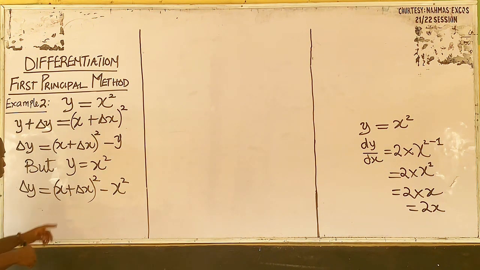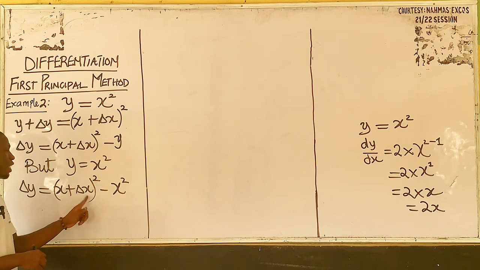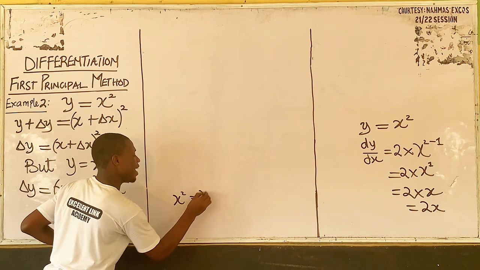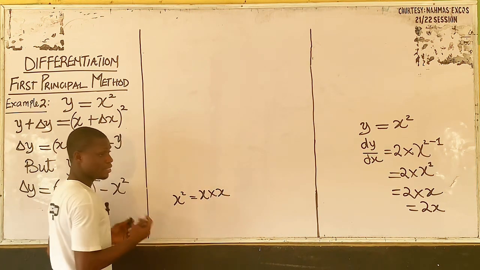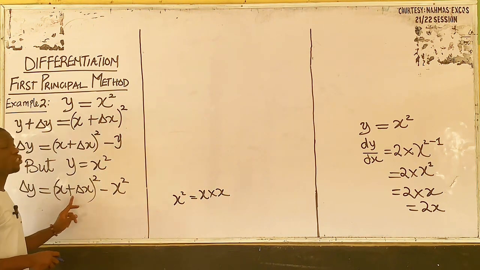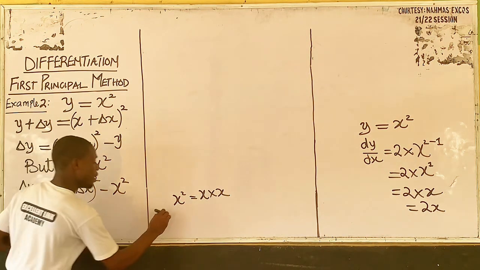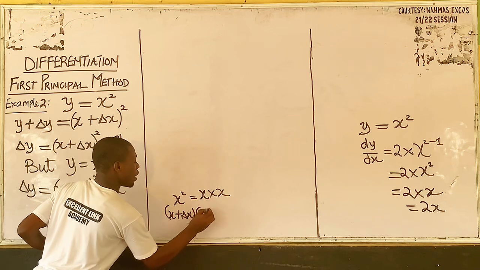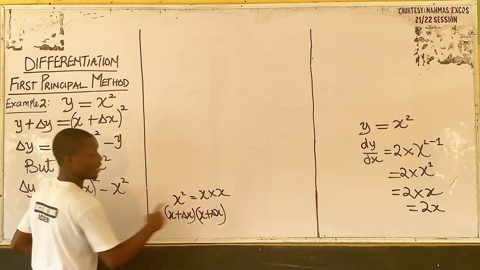All right, I will expand. This is x plus change in x all squared. If I have x squared, it simply means x times x. Similarly, if I have x plus change in x squared, it simply means x plus change in x is multiplying itself twice, as in this case.